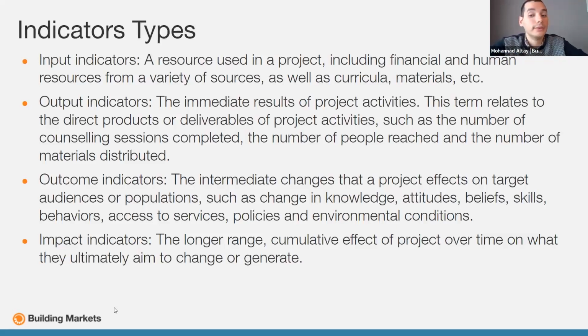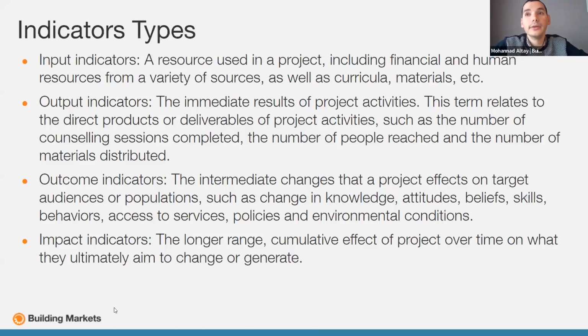What kind of changes? Changes in knowledge, attitude, beliefs, skills, or behaviors. This is what an outcome indicator means. This is what makes it unique from the others. Indicator type number 4, and the last type, is the impact indicators.